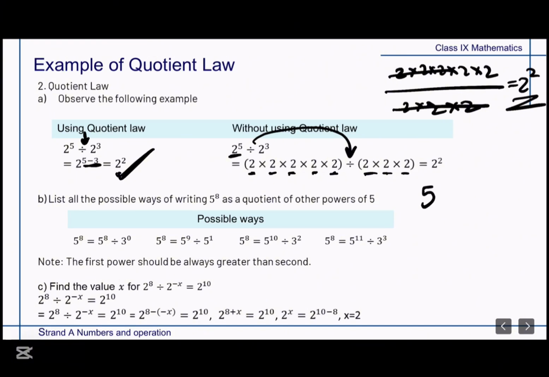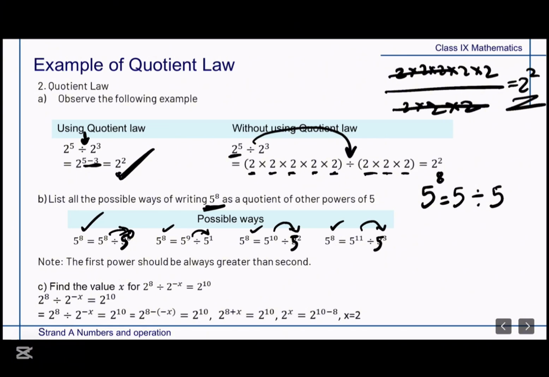Now if I have to find the possible ways of writing 5 raised to 8, same powers, operation division, exponents will get subtracted. So 8 minus 0 is 8, 9 minus 1 is 8, 10 minus 2 is 8. Similarly, for 5 raised to 8, you use the same power, the exponent has to be subtracted.